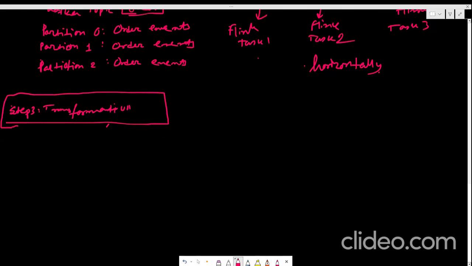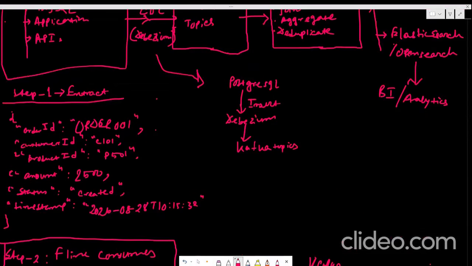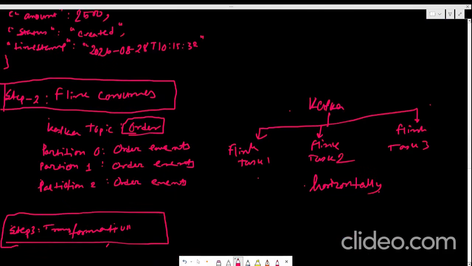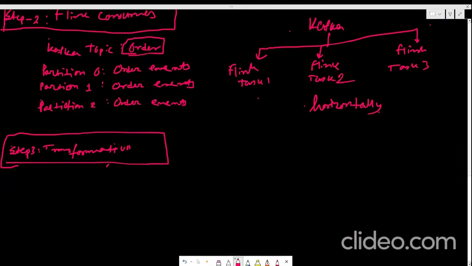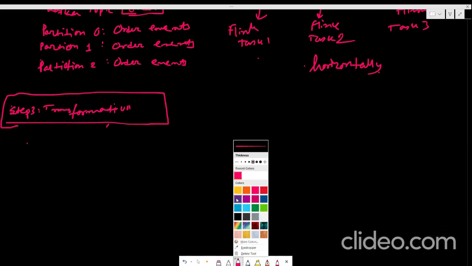Flink basically transforms the raw data after consumption. So in our architecture, extraction happens, then step two is Flink consumption, and then step three is transformation. Flink transforms the raw data into processed data. Just as an example, I will tell you. Let me change the color.